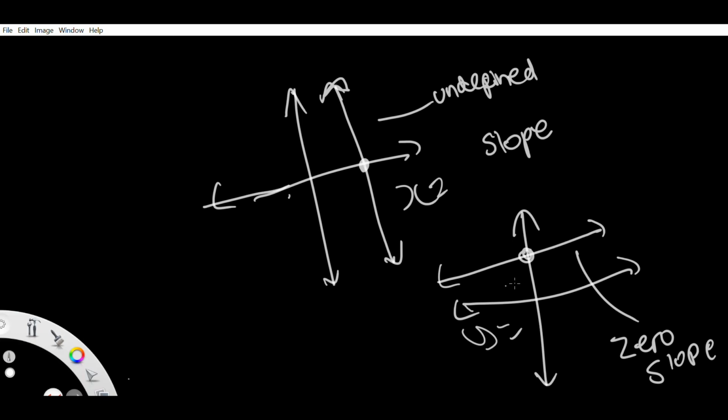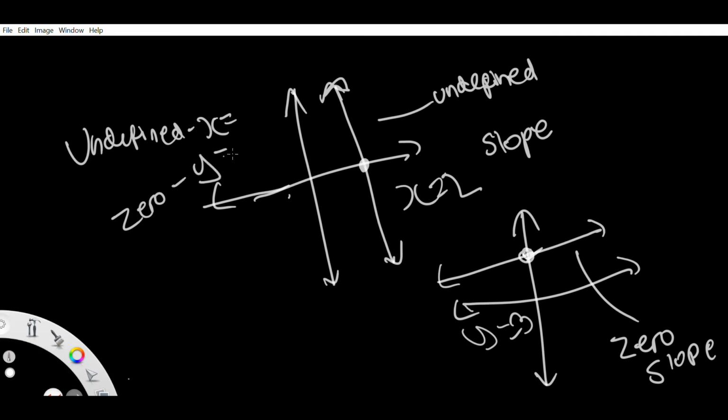So suppose the value over here is 3, it would be y is equal to 3, and the value over here is 2, this would be x is equal to 2. So remember, undefined slopes have x equal to, and zero slopes have y equal to.